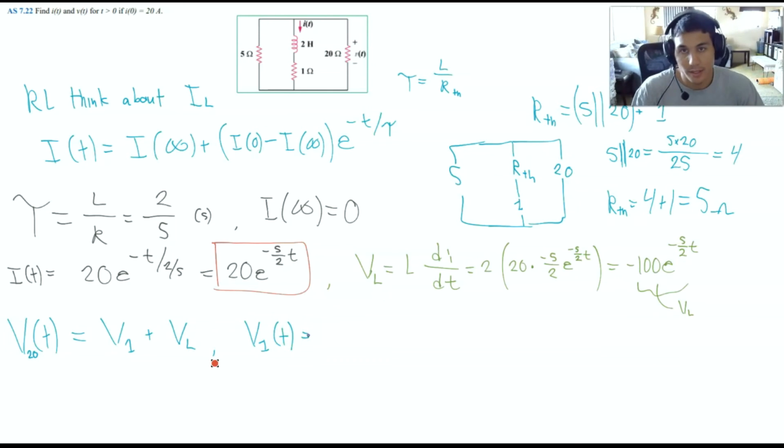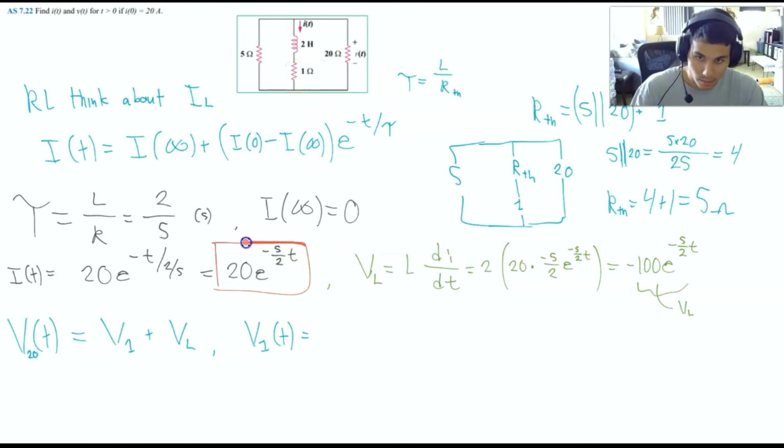Okay, V1 of t for this 1 ohm resistor, we could think about it this way: the current going through this inductor is going to be the same current going through this 1 ohm, right?